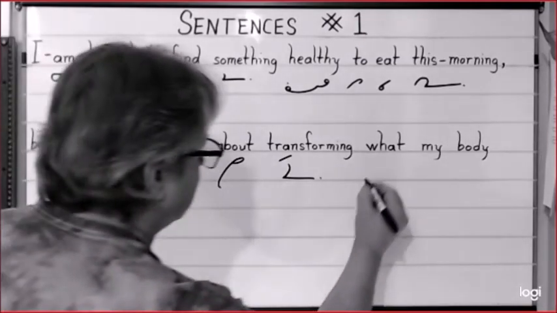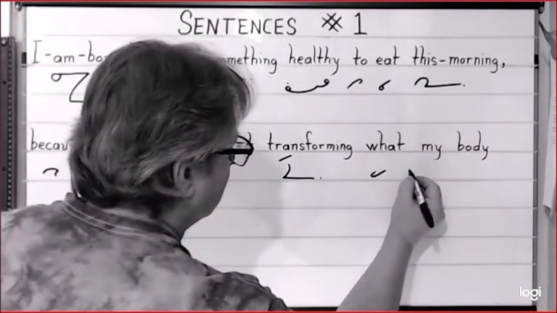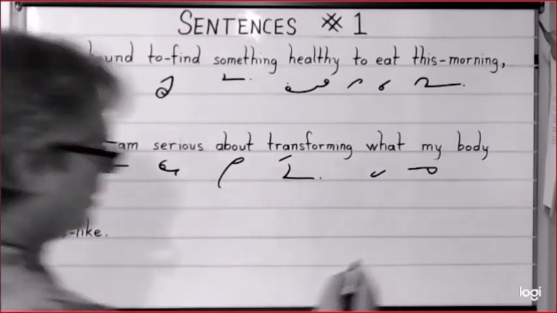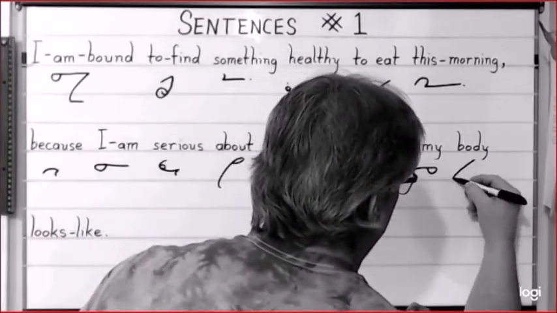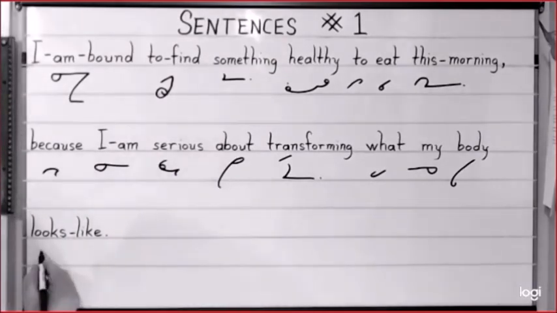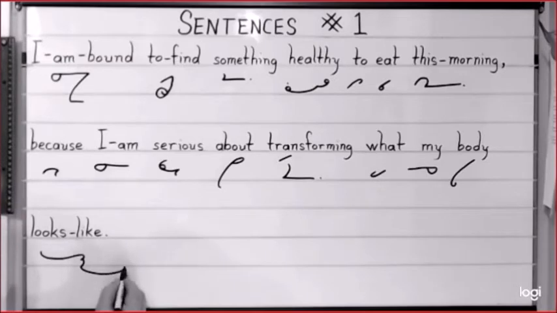For what, it is the O and the T. For my, M, A. For body, it is a B and an O. For looks like, it is L, U, S, L, A. And then a period.